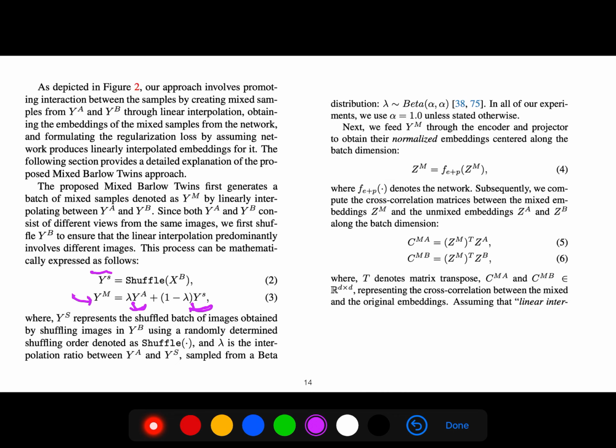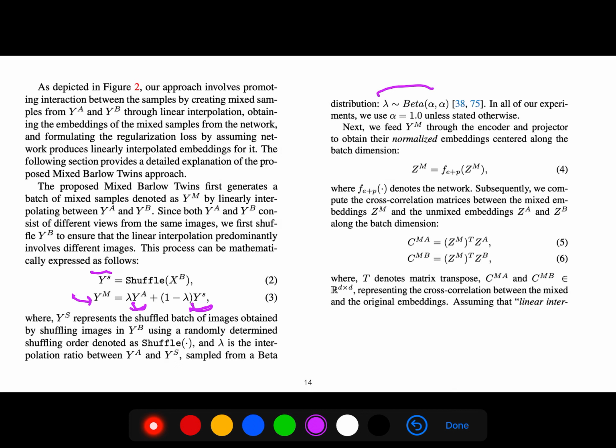In PyTorch, in Python, I use import random, and then I shuffle that very easily. And we sample lambda from a beta distribution, with the parameters alpha and alpha.